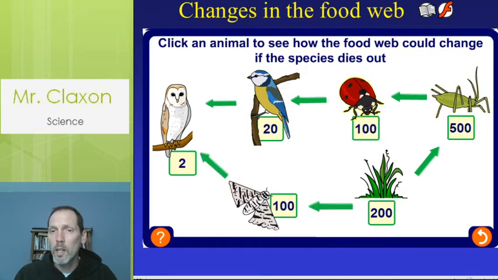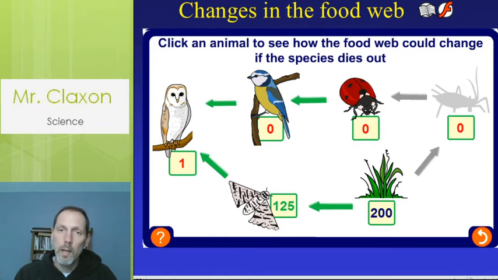If we look at the other side, let's take out what they call the aphids. Well, that impacts the rest of that food chain, and there are not as many hawks, so that brought the moth population up. So there are different scenarios. We could click different ones.